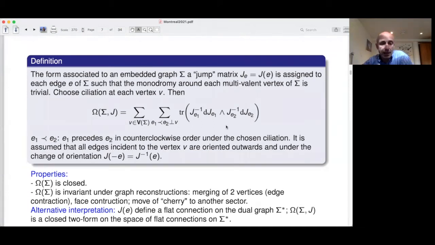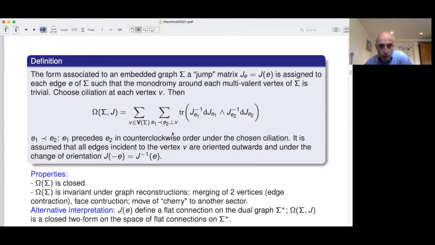So this is the condition which can be naturally interpreted as the flatness condition of the connection on the dual graph. And then once we have this connection, matrices associated to each edge, we do the following. To each vertex of the graph, we associate a cilium, which allows us to count the edges counterclockwise starting from some position.